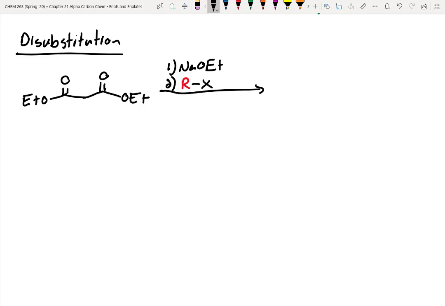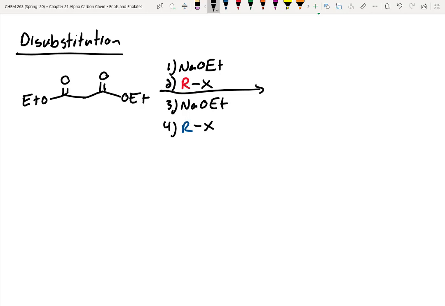But then, after you do that, you're going to have this R group installed here, but you'll still have one alpha proton left over. So what you can do next is you can treat this again with another equivalent of sodium ethoxide, followed by a new alkyl halide. So really you're just repeating step one again with your second alpha proton.